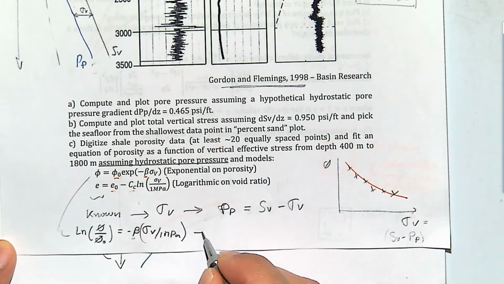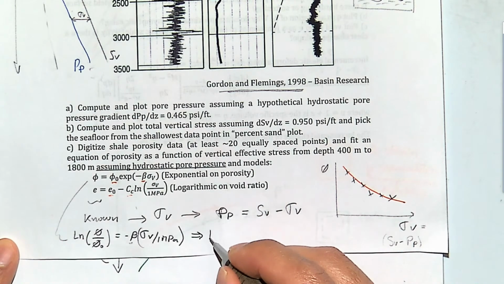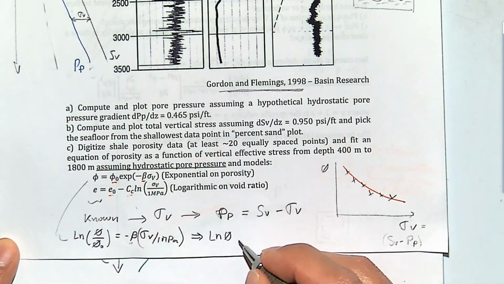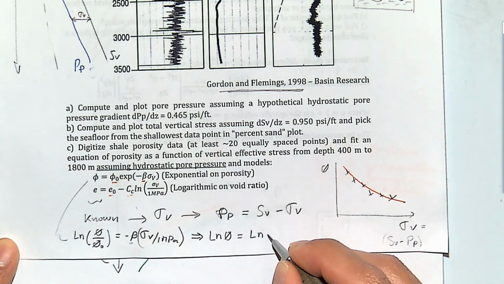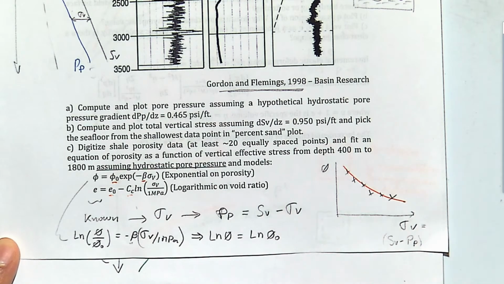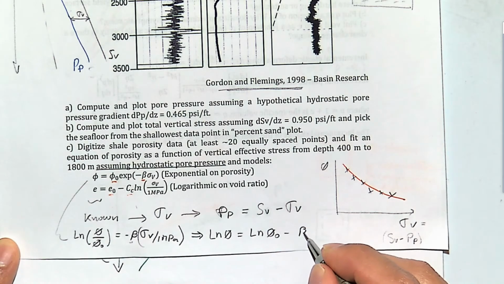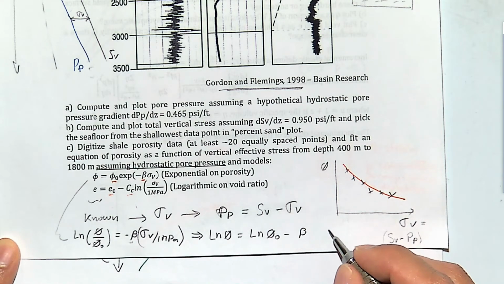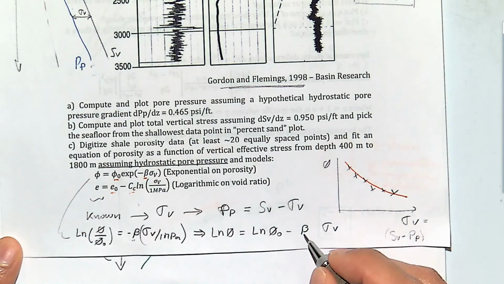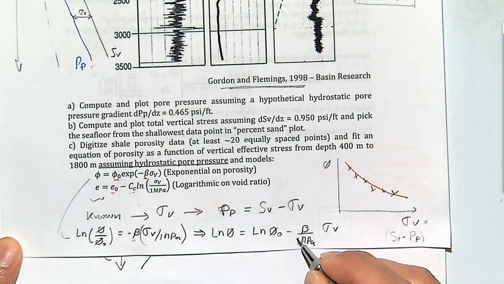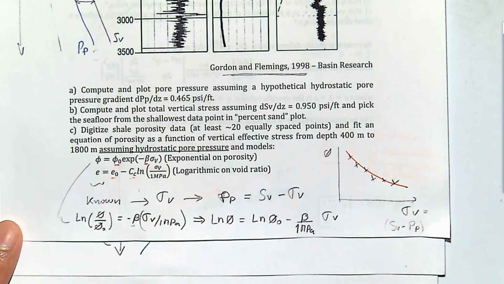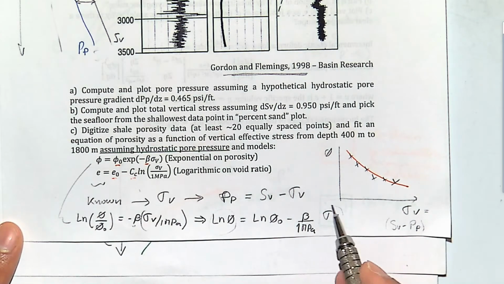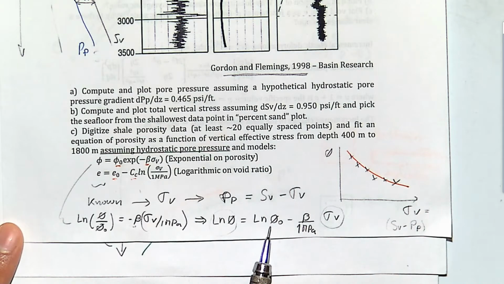So if you were to linearize this problem, this would be natural logarithm of porosity is going to be equal to natural logarithm of reference porosity minus b times sigma v divided by 1 MPa. And this will be your y. This is going to be your x, and these are going to be your parameters a and b of a line.